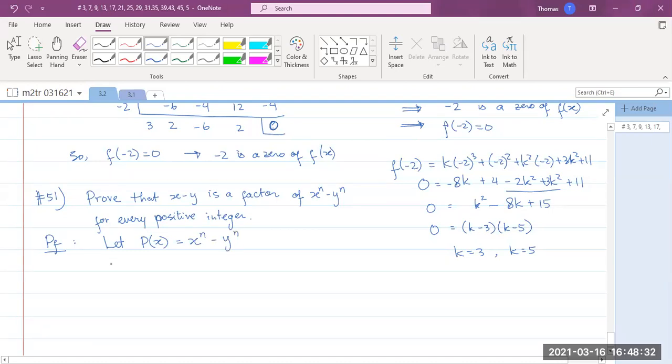Okay, to show that x minus y is a factor of x to the n minus y to the n, then y is a 0 of that p of x, right?